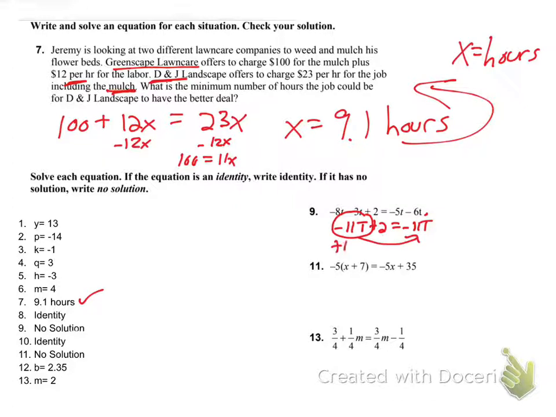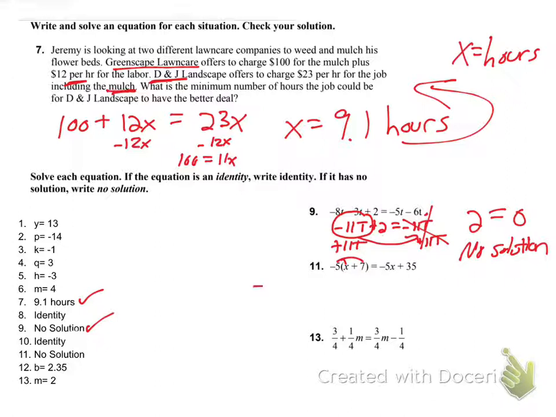So I'm adding 11t to both sides. So 2 is then going to equal, if these cross off, that means 0. That doesn't make any sense, so we write no solution. Because 2 does not equal 0 and 0 does not equal 2, it's no solution.